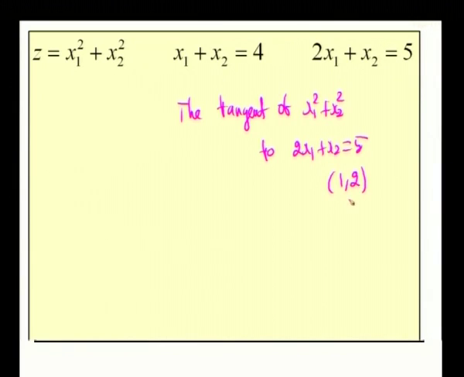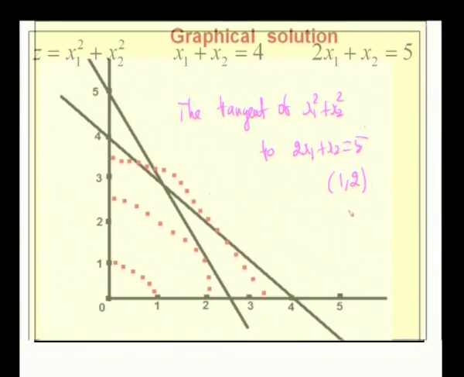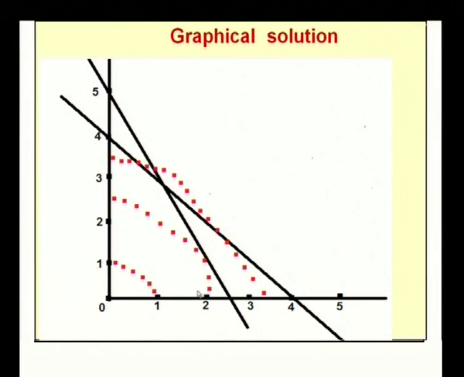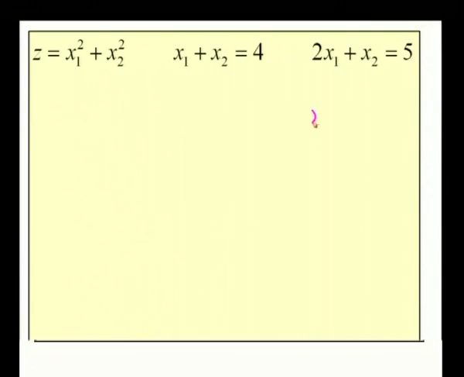Now, we have to check whether this point lies in the convex region as well as whether this point satisfies the given set of constraints. The point occurs here, it does not lie in this convex region.